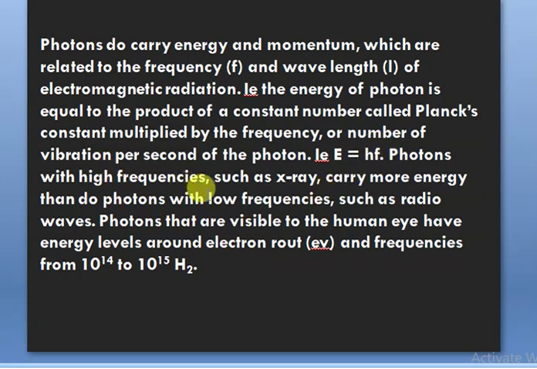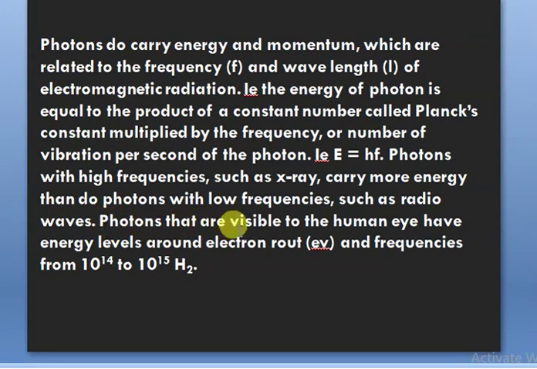Photons with high frequency, like X-rays, carry more energy than photons with low frequency, such as radio waves. So there are photons that have higher frequency than others. For example, the photon of an X-ray has a higher frequency, which means it will have more energy than a photon with low frequency, like that of a radio wave, which will have low energy.